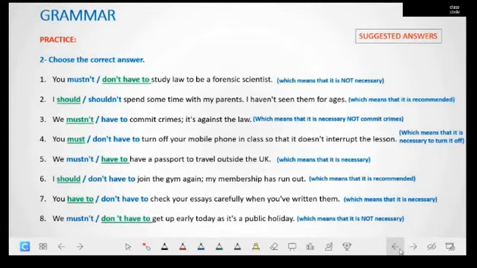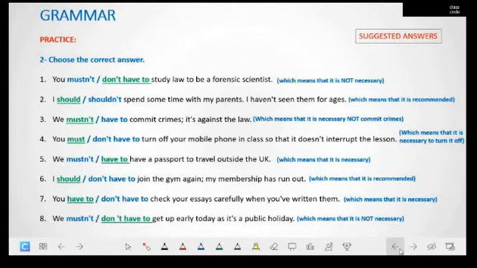I should join the gym again. My membership has run out, which means that it is recommended. It means it is up to me here. It is advisable. So I can do it, or I should do it, or I shouldn't do it.